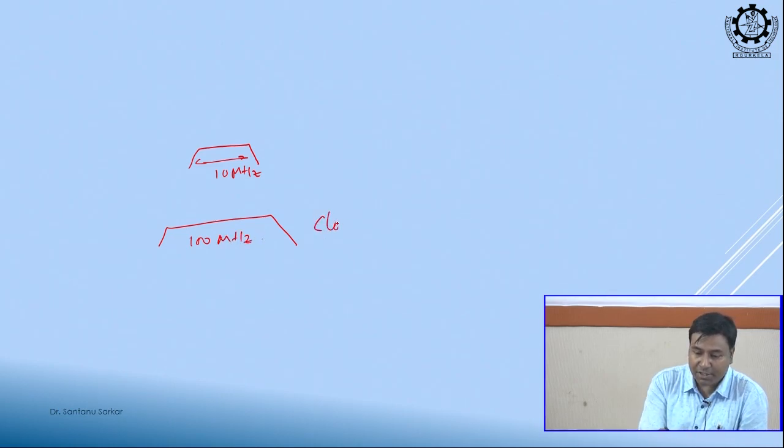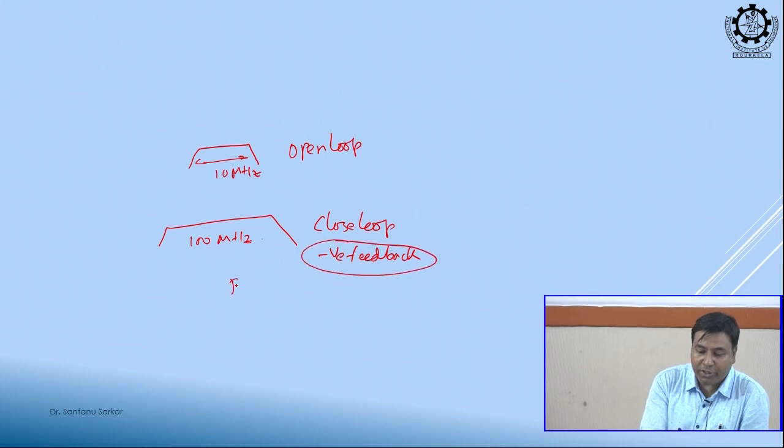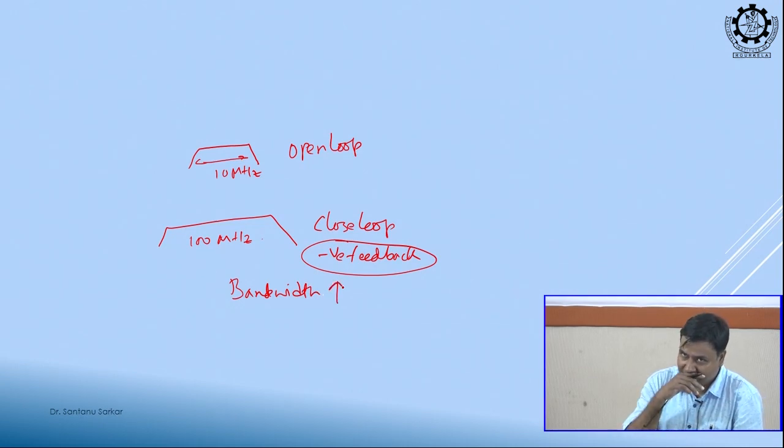So, this is in closed loop, this is in open loop. In closed loop, generally by default, which feedback will we understand? Negative feedback. So, what is happening by using the negative feedback? My bandwidth is increasing. Now, let us just quickly do this, how this is increasing.